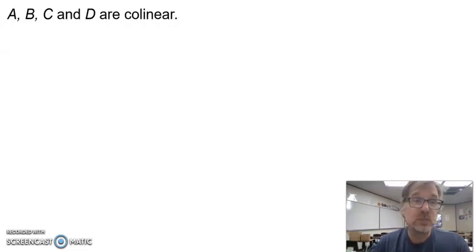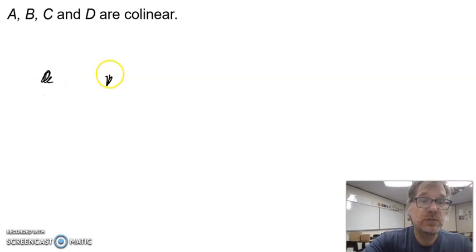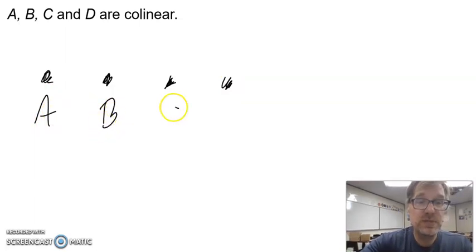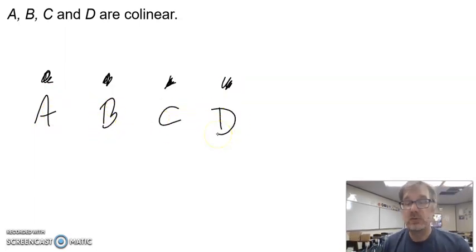Well, what does that look like? If I tell you A, B, C, and D are collinear, what that means is that A, B, C, and D can all be on the same line. So we would just put 1, 2, 3, 4 points. We're going to label them A, B, C, and D. Go ahead and draw in those 4 points in your notes.